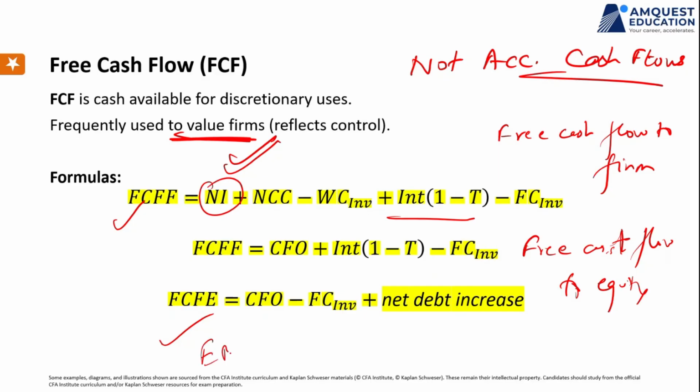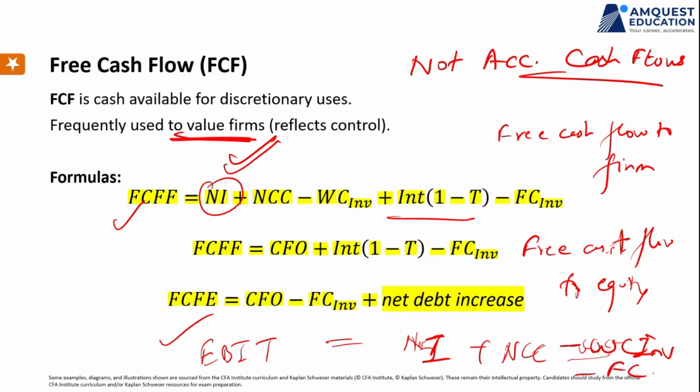We started with EBIT, right? So for us the equation was net income plus non-cash charges, minus working capital investments, and minus fixed capital.